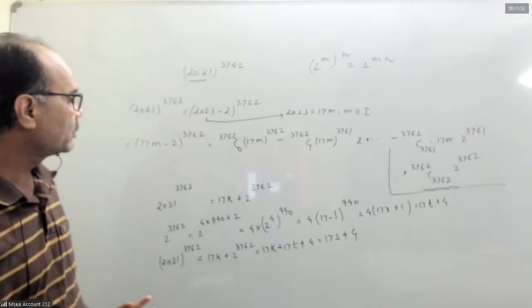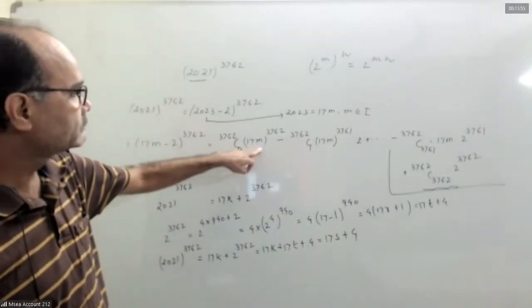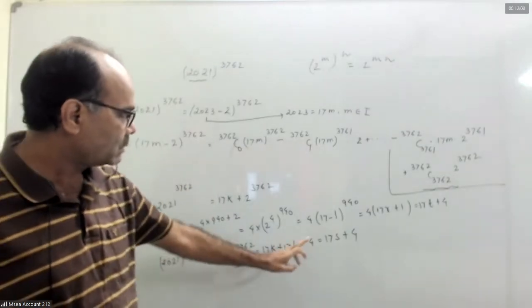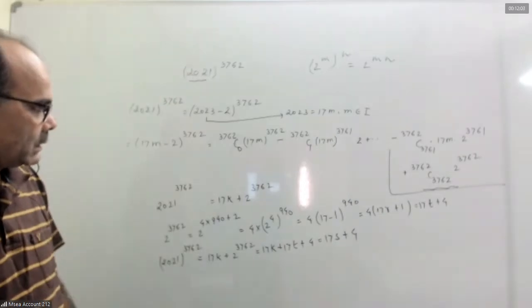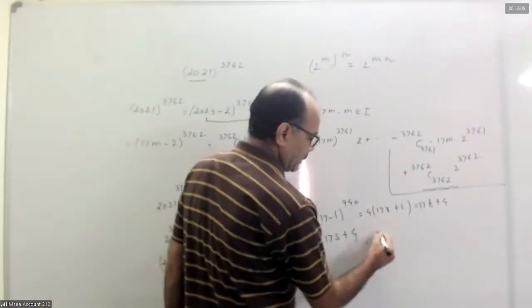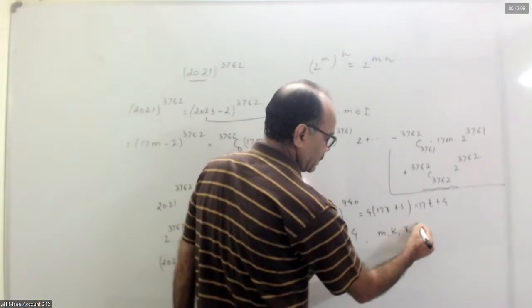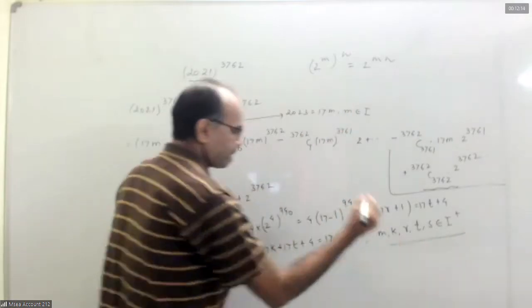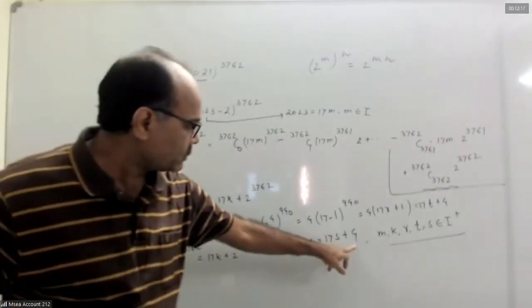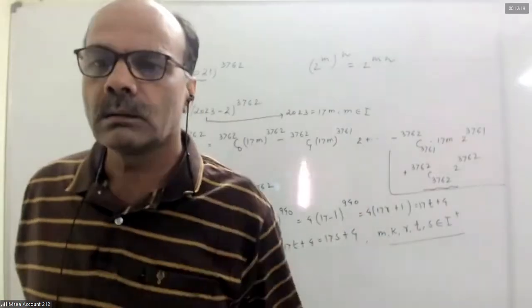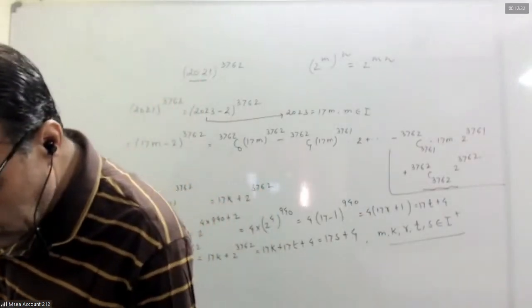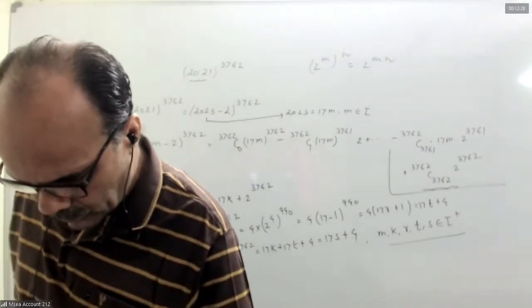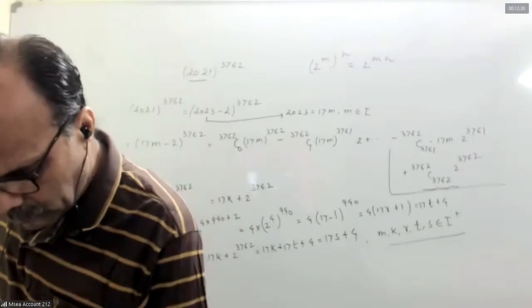So the remainder is 4, where M, K, R, T, S belong to the positive integers. Okay, so what is the remainder? The remainder is 4.